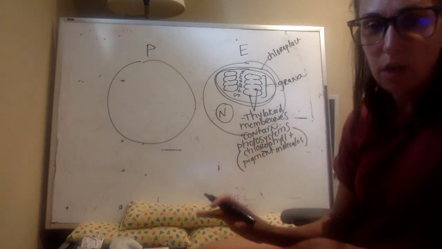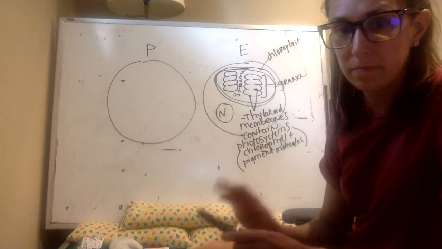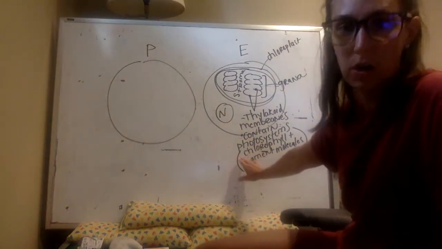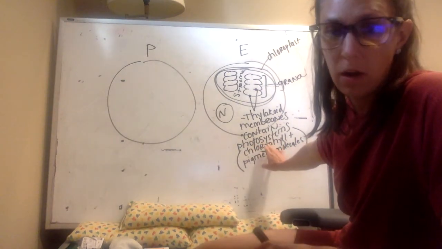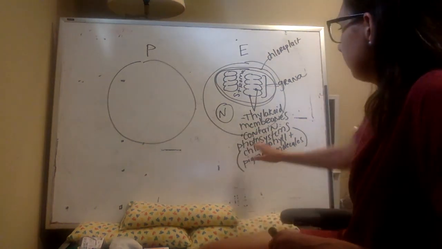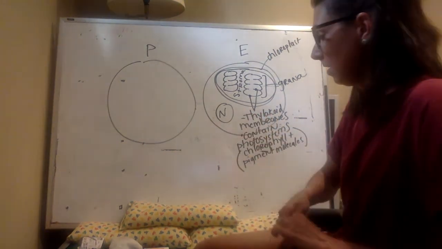And there are some other components in the photosystems, but the main thing to draw is that's where the chlorophyll are: in the photosystems, which are in the thylakoid membranes.